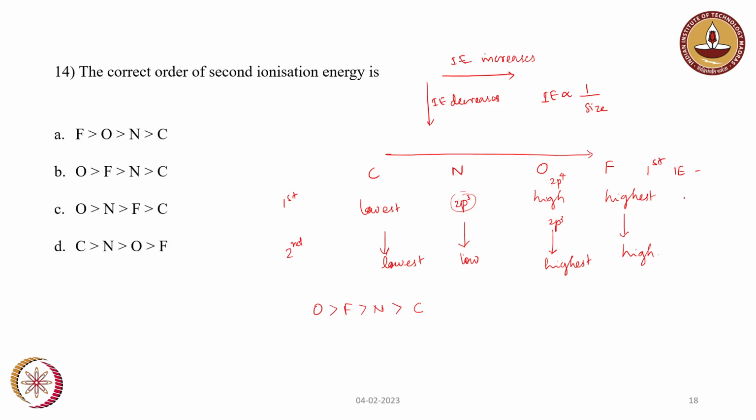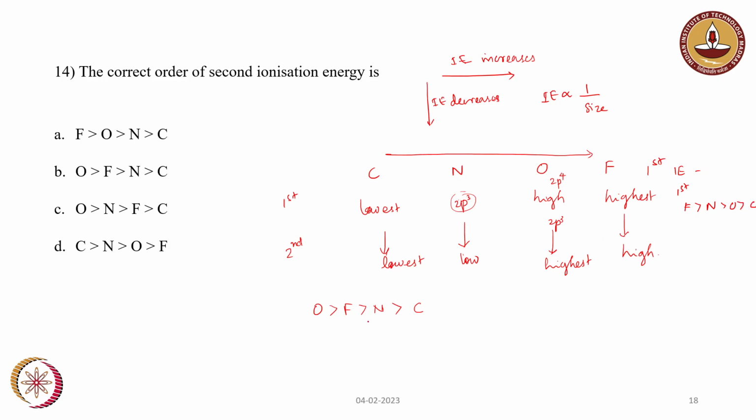If we are asked for the first ionization energy, the order will be fluorine greater than nitrogen, greater than oxygen, greater than carbon.